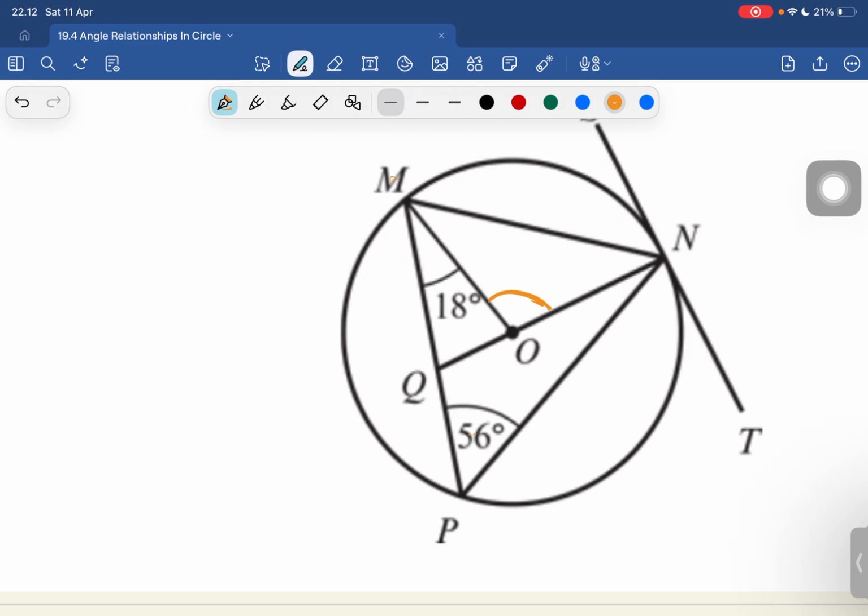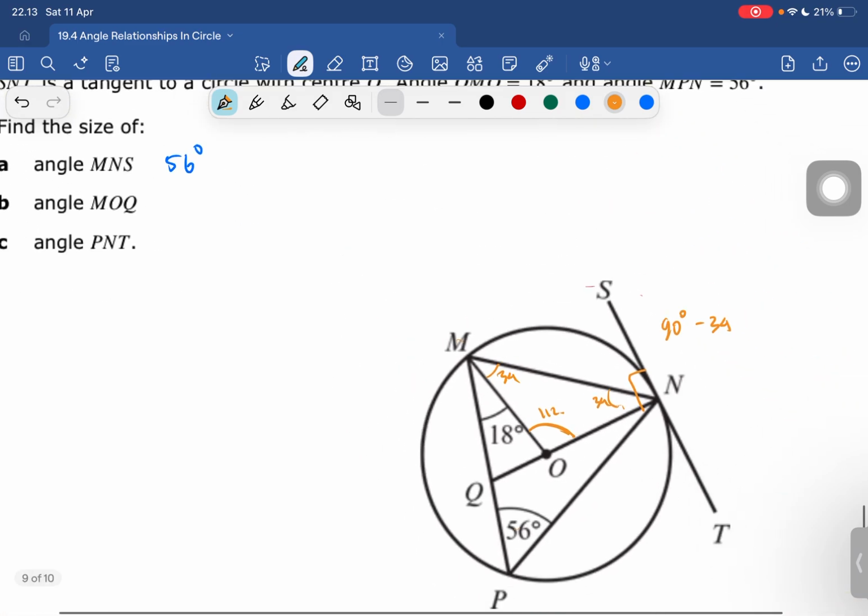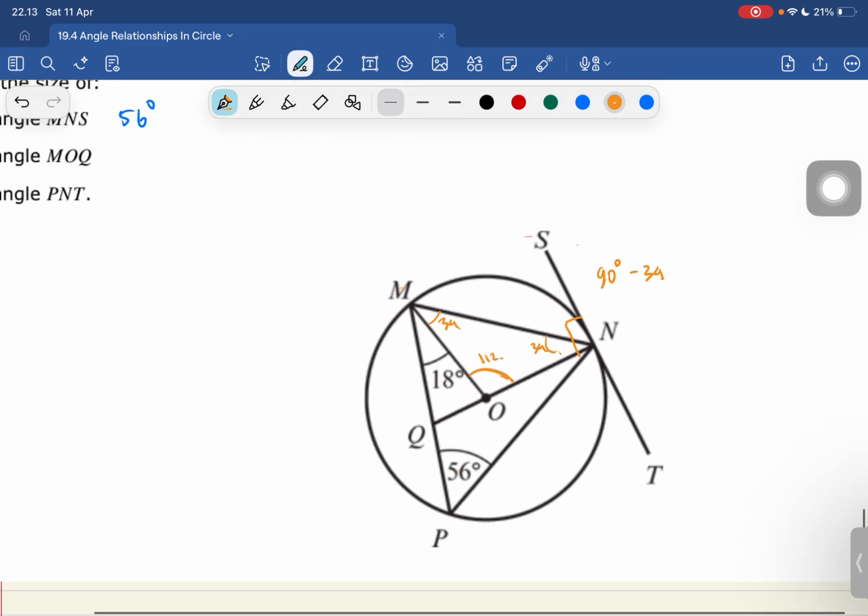So we can make it 56 times 2, so it's 112. And here is isosceles, so 180 minus 112 is 68, divided by 2, so it's going to be 34. Here also 34. This is 90 degrees, so 90 minus 34, so 90 minus 34 is 56. Okay, I got it. Apologize for the little bit of confusion.